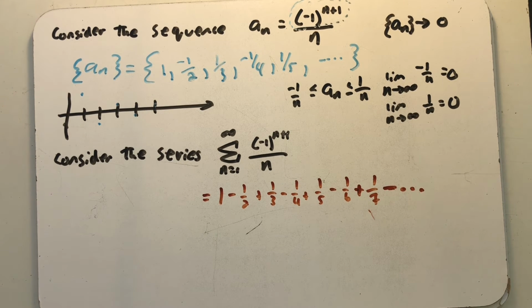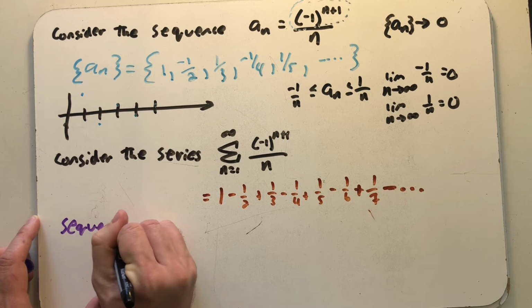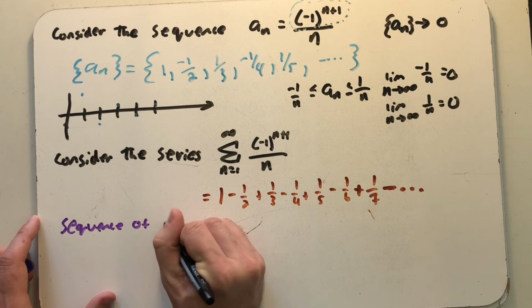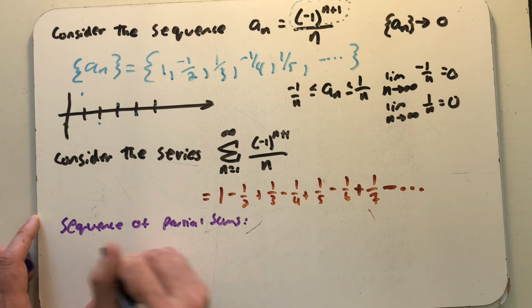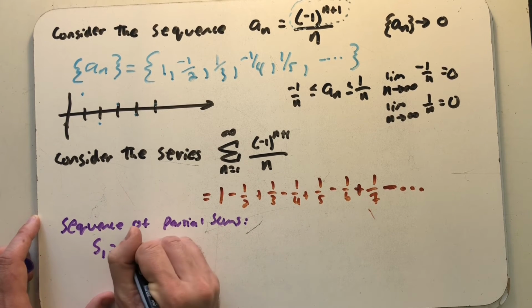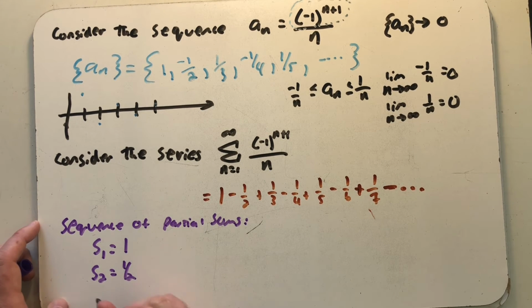And that's where we get the idea of the sequence of partial sums. S1 is always just the first term, S2 the sum of the first 2 terms, right? So 1 minus 1/2 is 1/2.